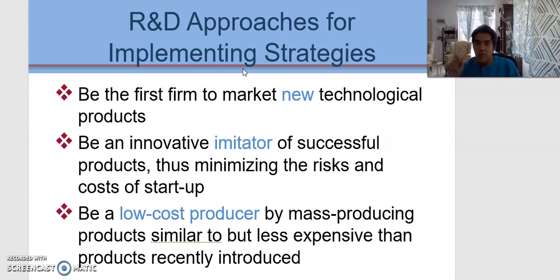And we also want to be an innovative imitator of successful products. Thus, we can minimize the risk of startup cost, or we want to be a low-cost producer, so that we can mass produce the products at less expensive than products being recently introduced.